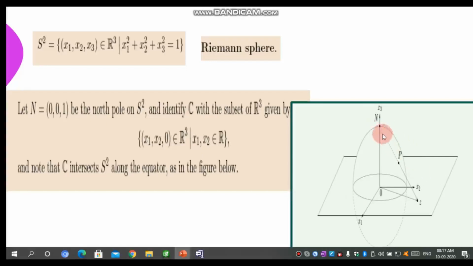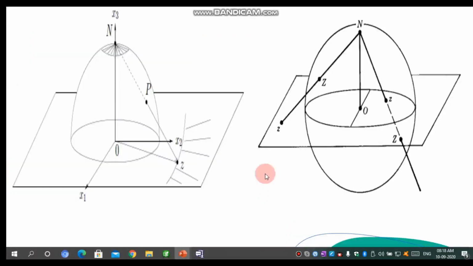So we are identifying C infinity as the points on this sphere. Let us see how we will do it. This is the sphere, and this is the north pole, (0, 0, 1). We are identifying C as the points (x1, x2, 0), and this C cuts the sphere along the equator.